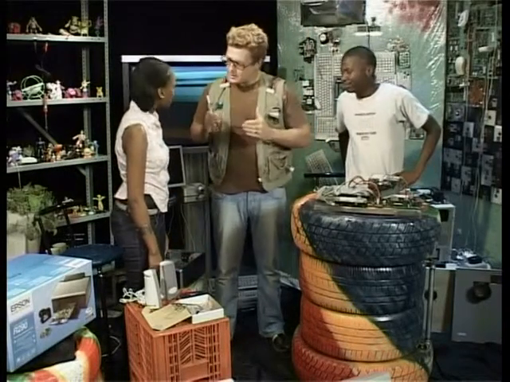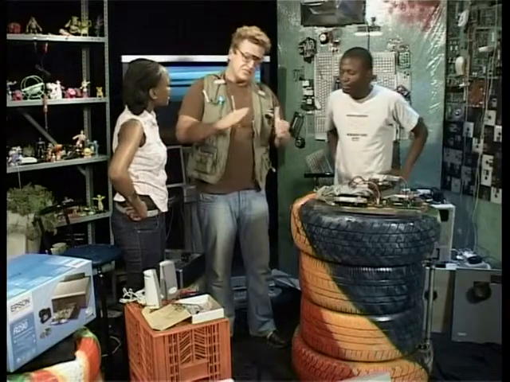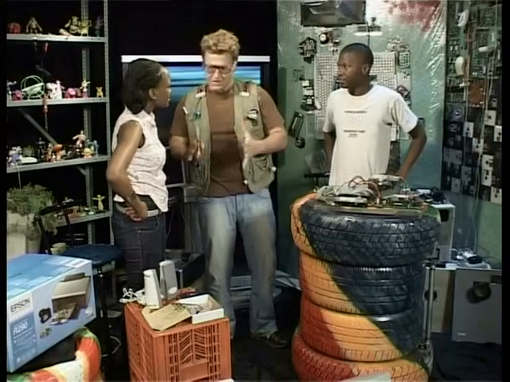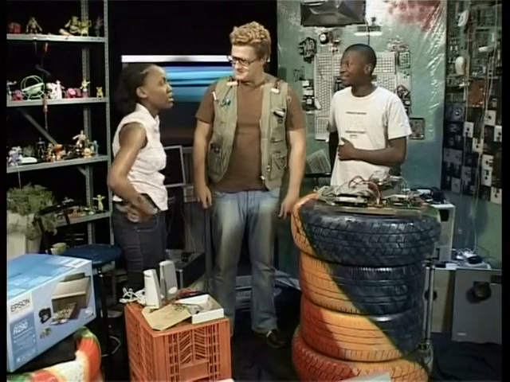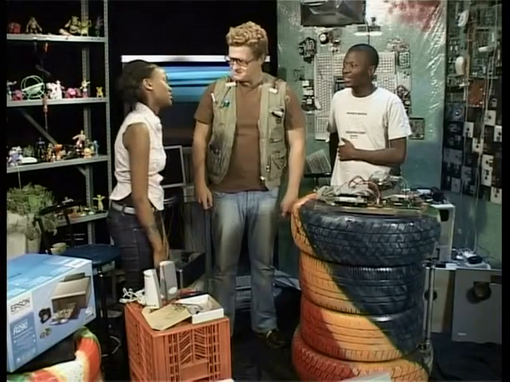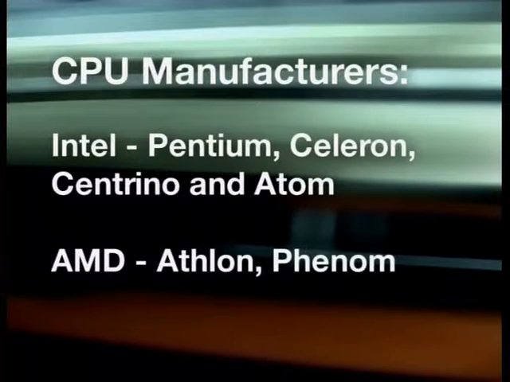Well, what Zamo means is that you get companies that put CPUs and motherboards together, yes, and some companies that take all those components and put their name on it. Oh, now I'm even more confused. For example, Intel makes Centrino, Atom, Pentium, and Celeron CPUs, and AMD makes Athlon and Phenom CPUs.